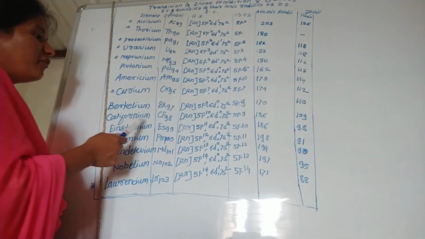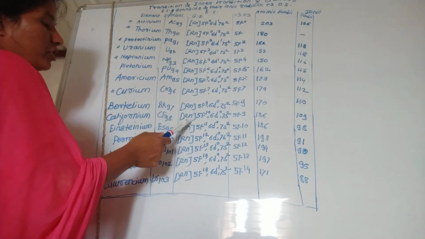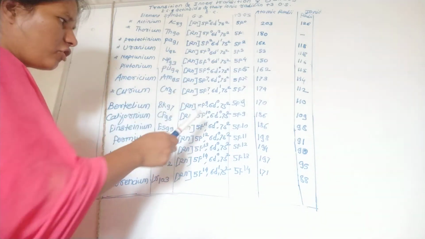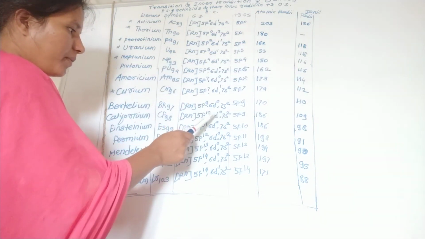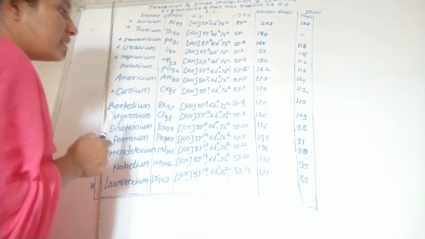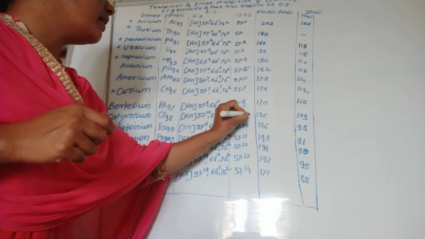Then californium is 98. Its symbol is Cf. With respect to radon 5f10. There are total 12 electrons. 2 electrons enter in s orbital, d0 and f10. And its f orbital contains total 10 electrons.